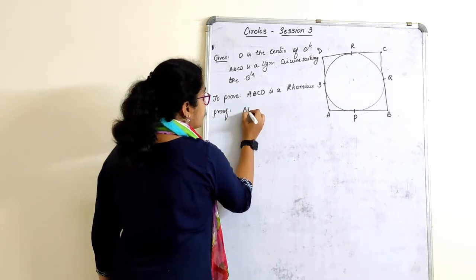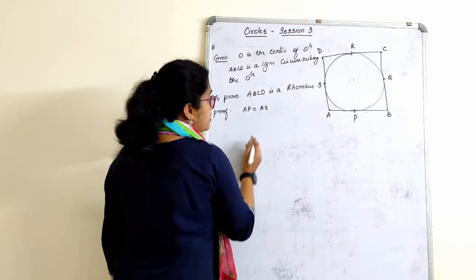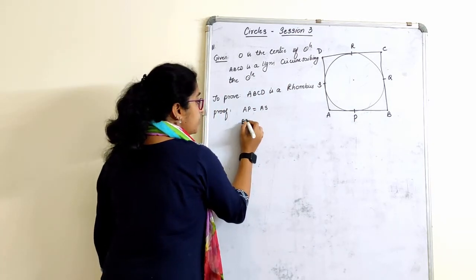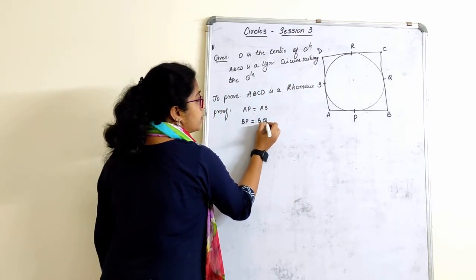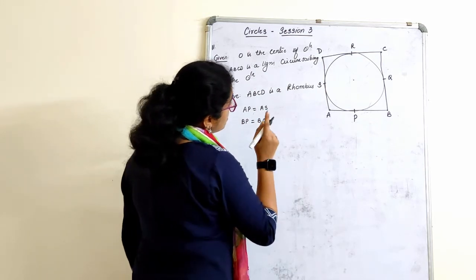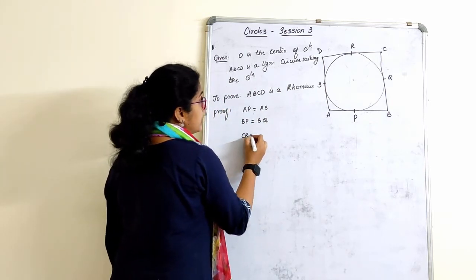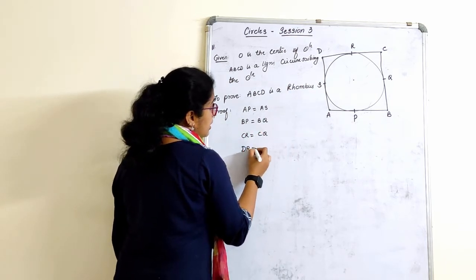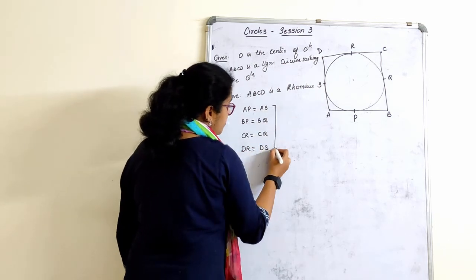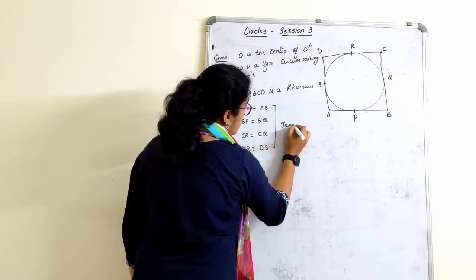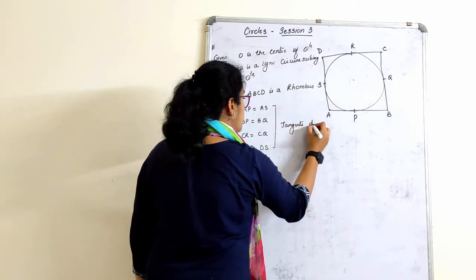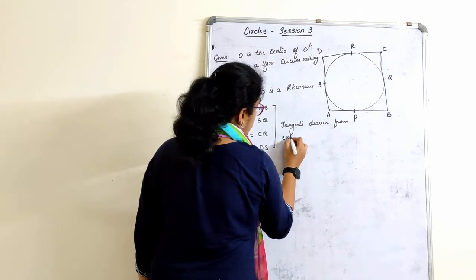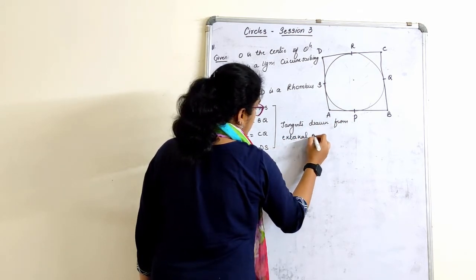Proof: AP is equal to AS. Now I have told you how to choose. Since I have chosen AP, I will choose BP only. BP is equal to BQ. Since AP is chosen, we will choose the next as CR is equal to CQ. Since CR is chosen, DR is equal to DS. Tangents drawn from external point are equal.